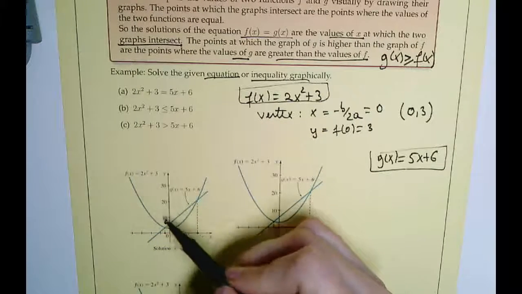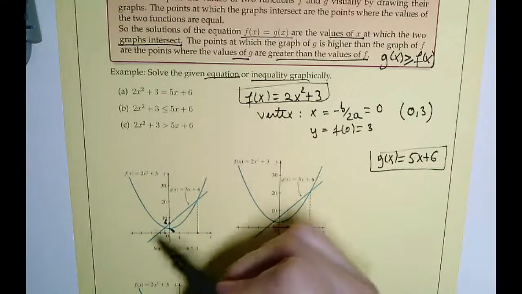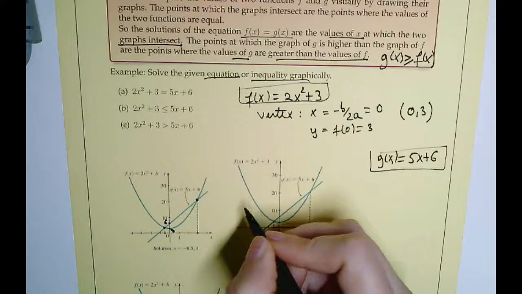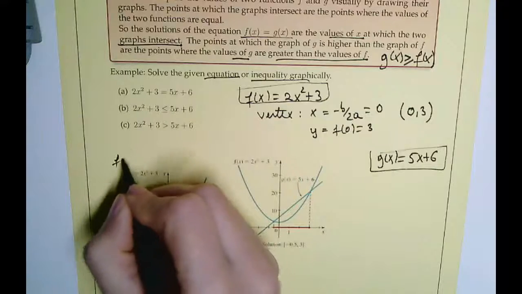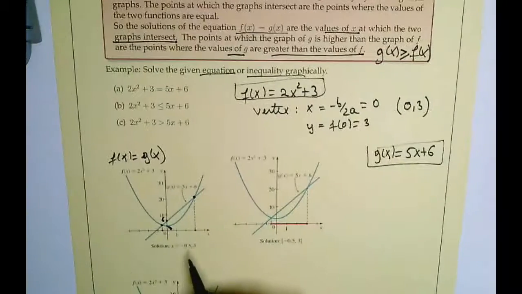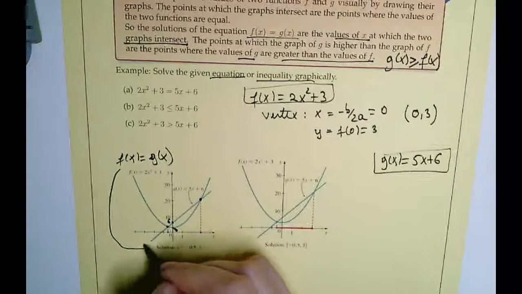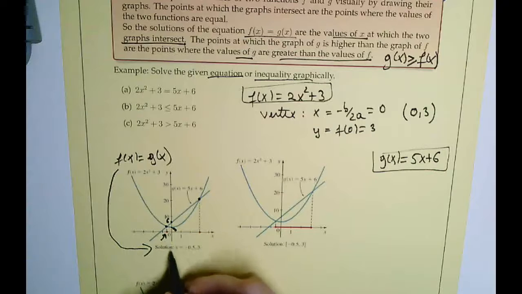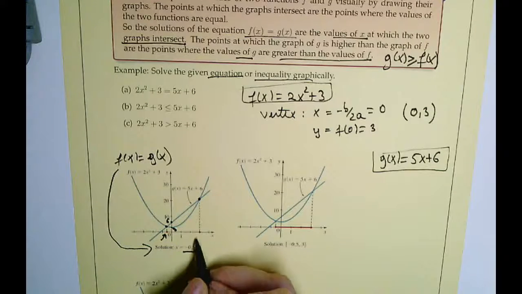When you graph the parabola, and then you graph the line as well, the points of intersection, that's where f of x equals g of x. The solution to this is the point where it intersects. So it intersects at x equals negative 0.5 and at x equals 3.